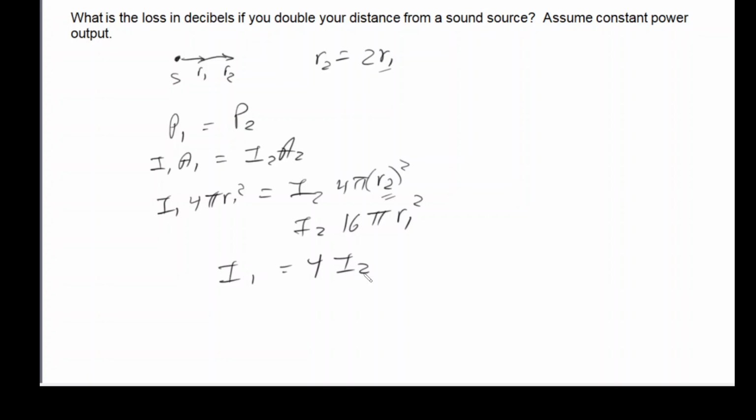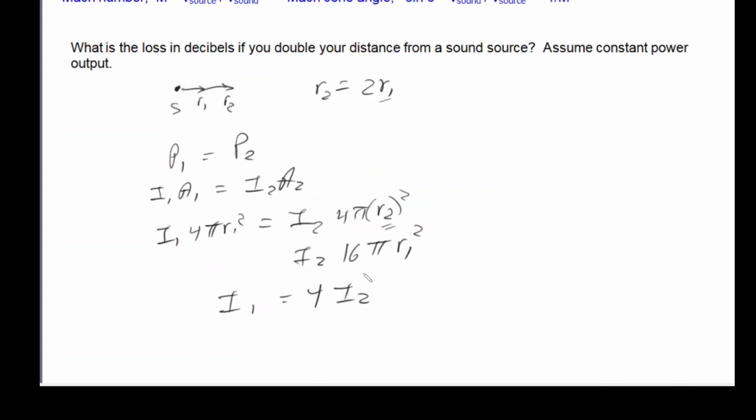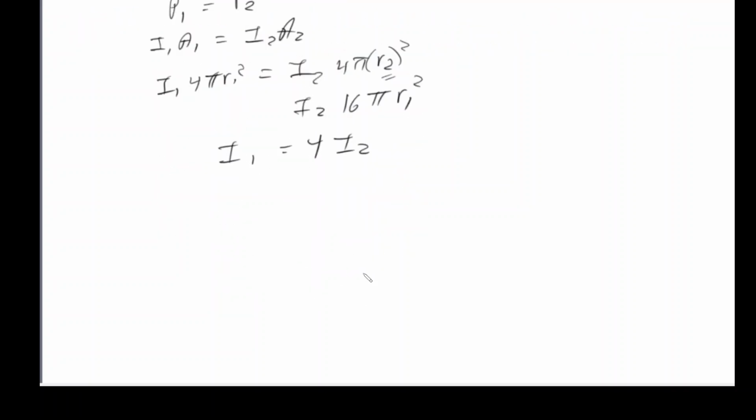And we want to know what happens to the decibel level, the sound level. So we know the sound level at the first radius, beta 1, is equal to 10 times the log of I1 over I0. And we know the sound level, beta 2, at R2 is equal to 10 times the log of I2 over I0.